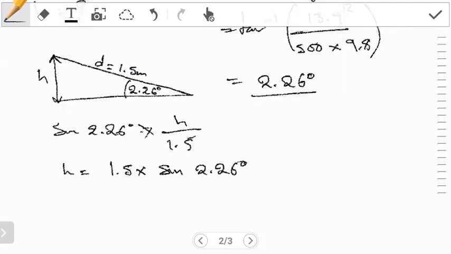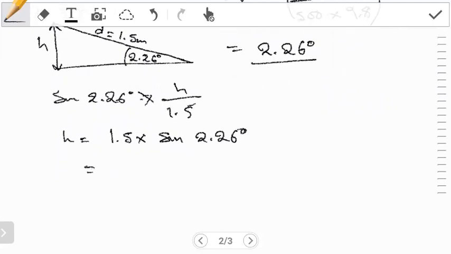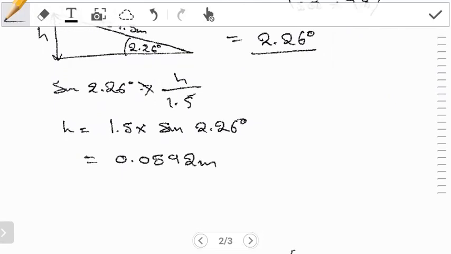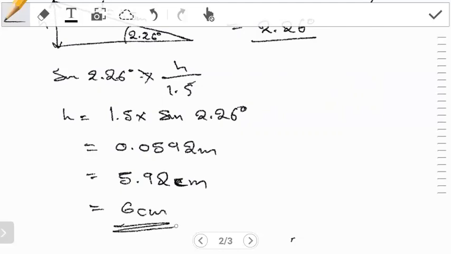If you work this one out, you should see that your answer comes out as 0.0592 in meters. When you convert this to centimeters, multiply this by 100, this becomes 5.92 centimeters, or approximate this to just 6 centimeters.